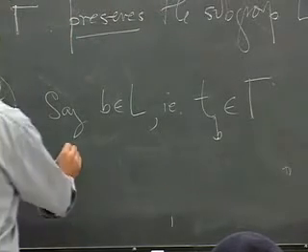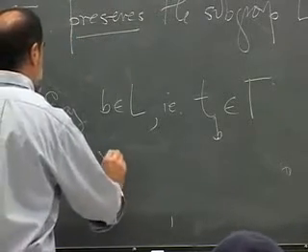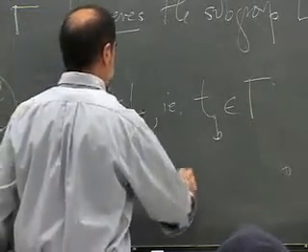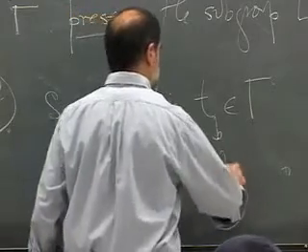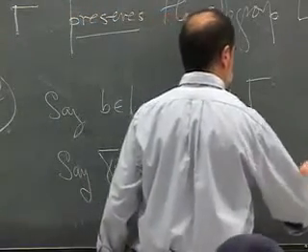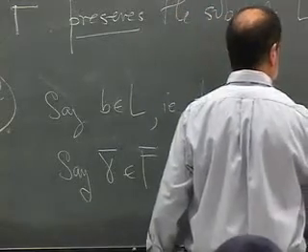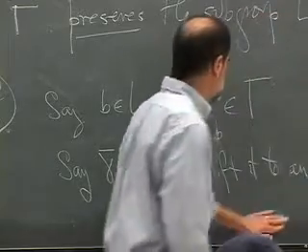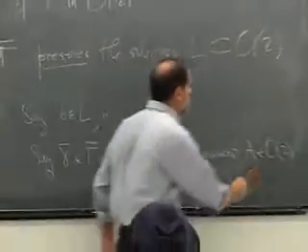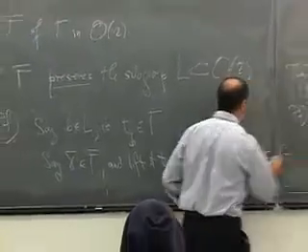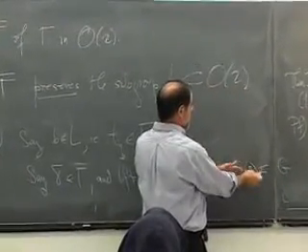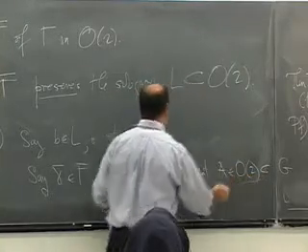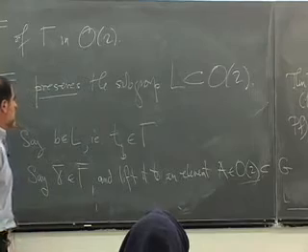Say gamma bar is in gamma bar, and lift it to an element in O2. So O2, the quotient group, actually you can think of it as a subgroup of G. So there's an element in this O2 that maps to this gamma bar.